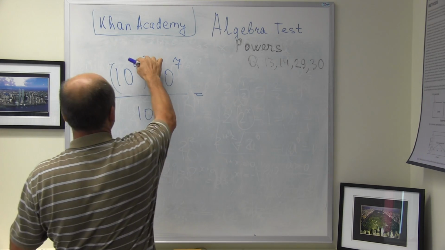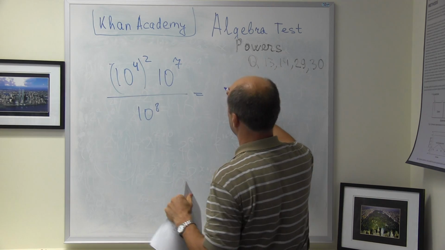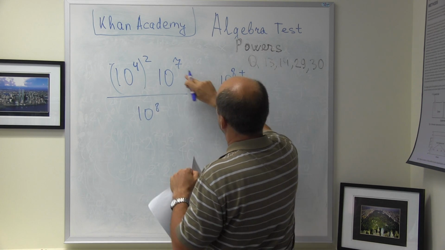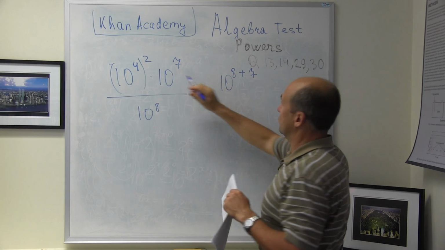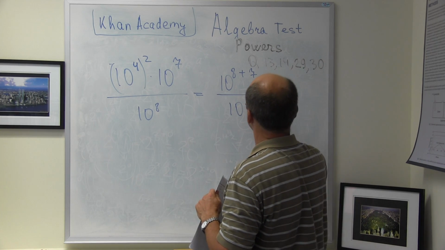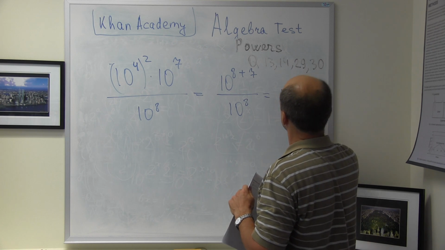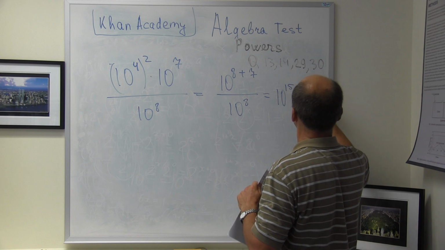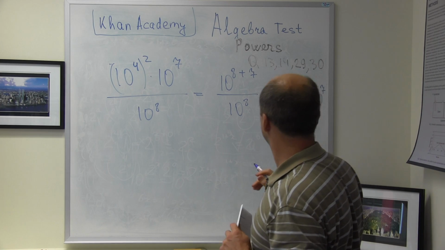And the way to simplify it is, remember, this is 10 to the power of 4, all to the power of 2, which will give us 10 to the power of 8, plus 7, because we're multiplying these out, we're adding powers of this and this, and we're dividing by 10 to the power of 8, and because this 8 is in denominator, essentially what we need to do is take this 15 and minus 8, and we'll get 10 to the power of 7 here.